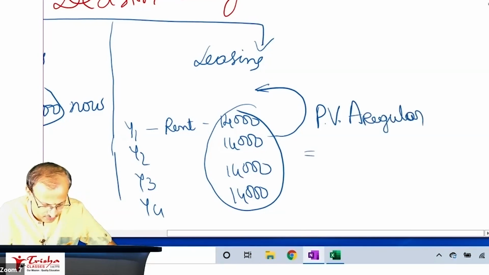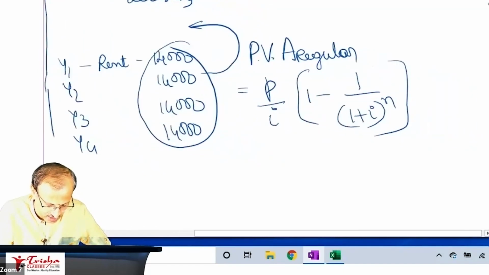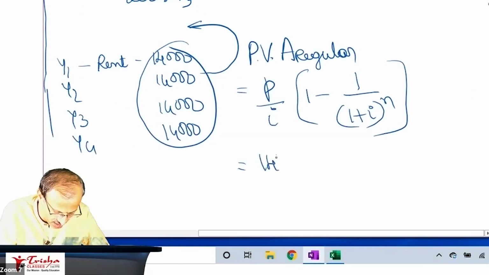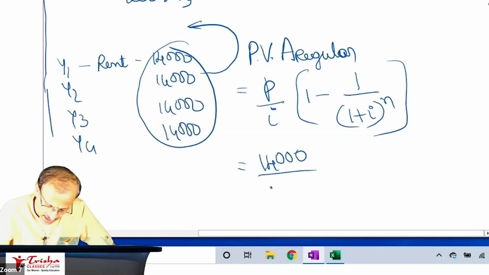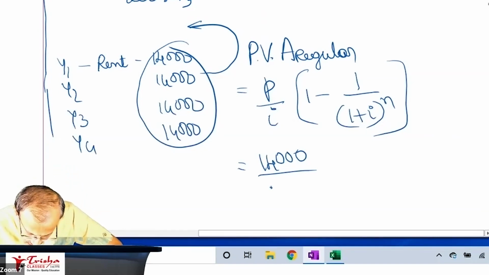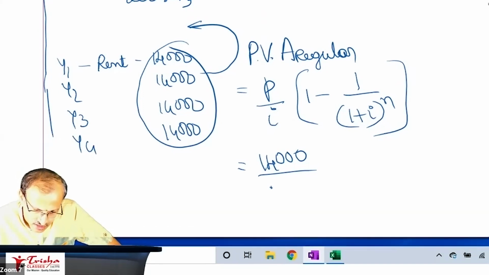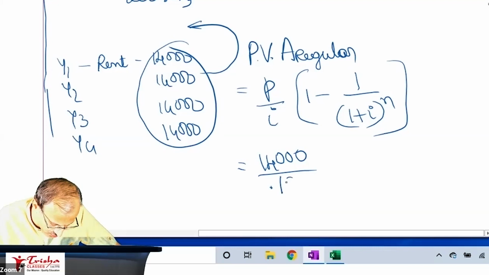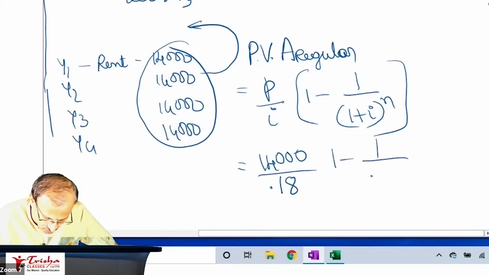Formula: P by I, 1 minus 1 over 1 plus I to the power n. Work along with me. 14,000 periodic rent by interest rate. What was the interest rate in the question? 18%, 0.18, it is given in the question. 1 minus 1 over 1.18 to the power 4.